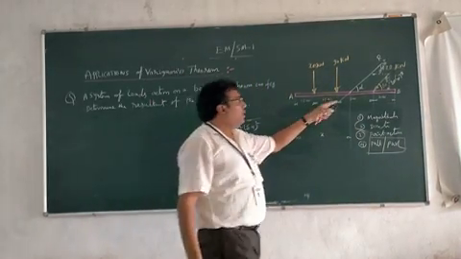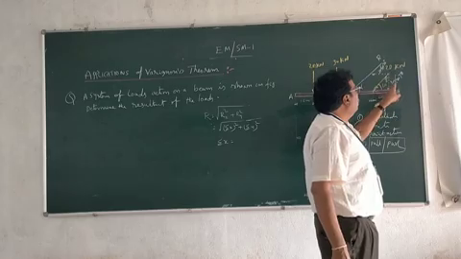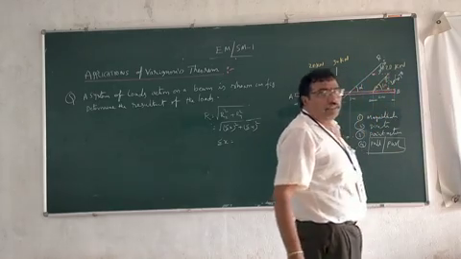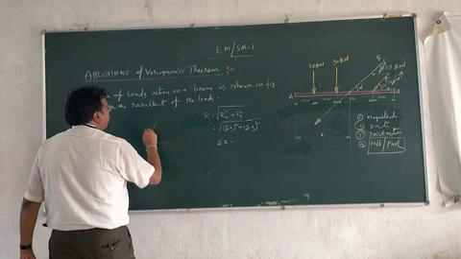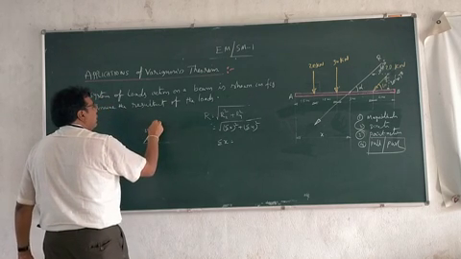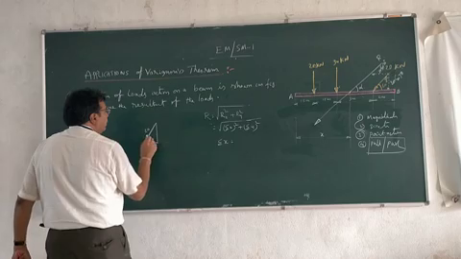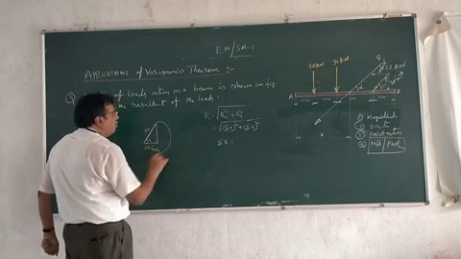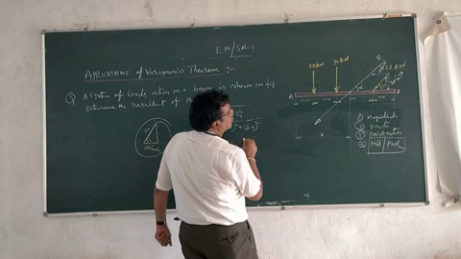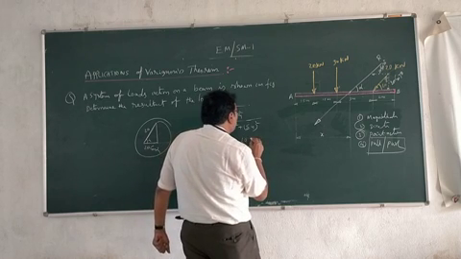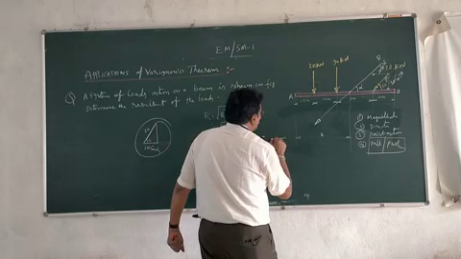If the force is 20 and the angle is alpha, this length is 20 cos alpha, and the other is 20 sin alpha. Like this, 20 sin 30 degrees is acting right to left.